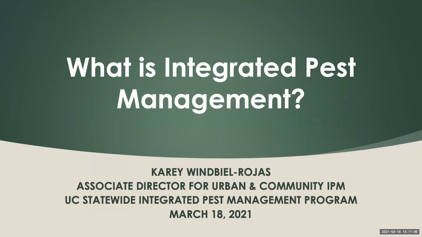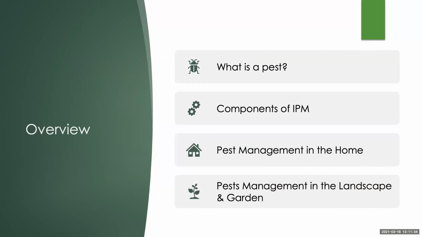All right, so why we are all here today is to listen and learn and refresh ourselves on what is integrated pest management. And integrated pest management is what we do. This is our main focus. We're going to today give an overview of the topics that are listed here.